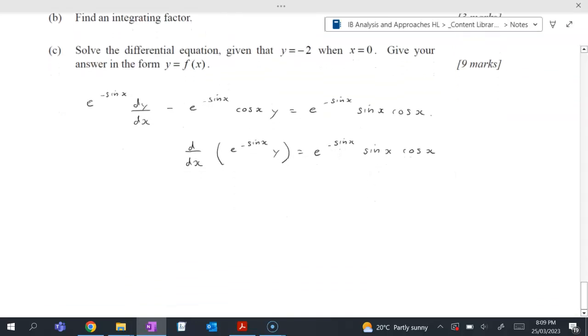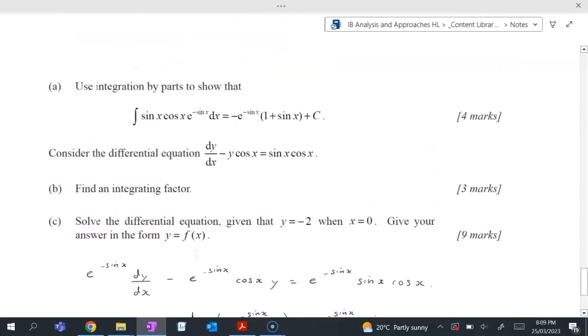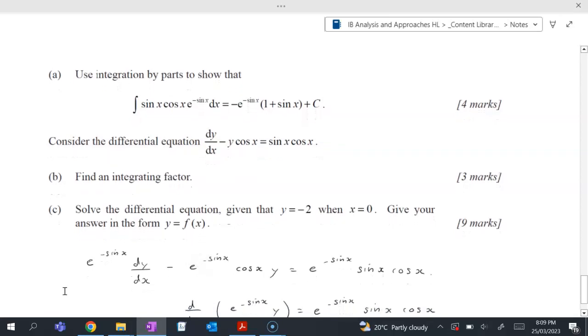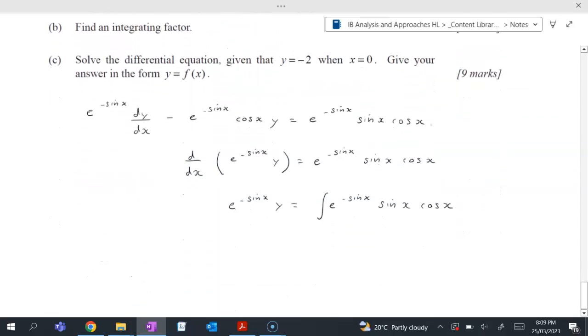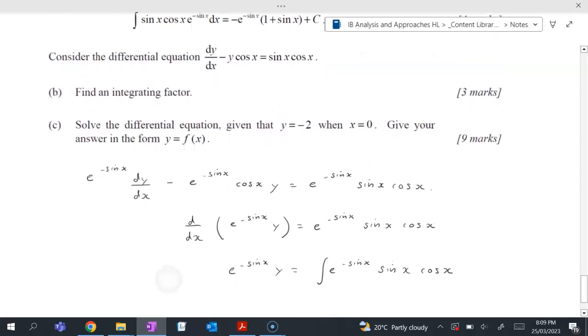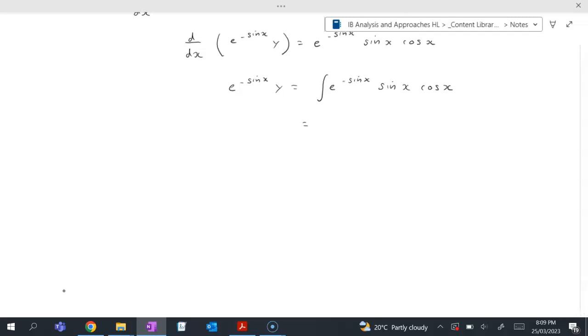So then if I'm integrating, I'm just going to get e to the minus sine x y is equal to the integral of all of this. And we see that we have found the integral of that in part A, which confirms that my integrating factor was right, just in case you're unsure.